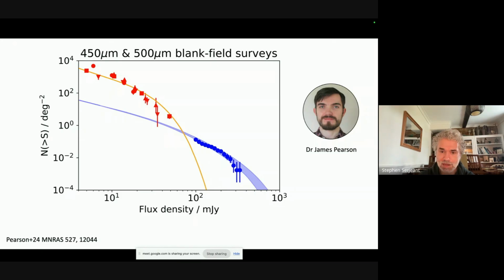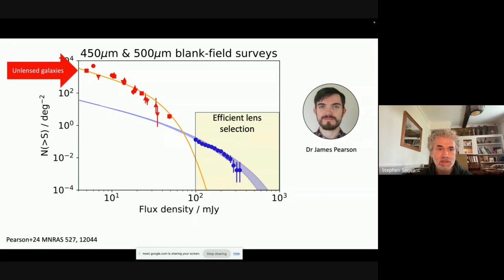And so what you end up having is a population at the bright end that are dominated by the magnified ones. So you have the unlensed galaxies here in red, and a very small subset get boosted up and made magnified and made brighter. And these are the gravitationally strongly lensed galaxies up here. And my postdoc, again, James Pearson, found a gravitational lens with JWST, which verifies prediction at the faint end as well. So these predictions, these curves are quite well pinned down now.